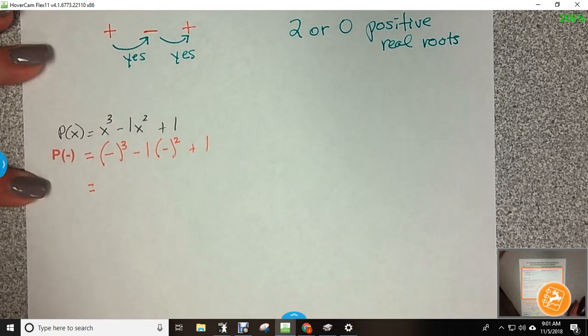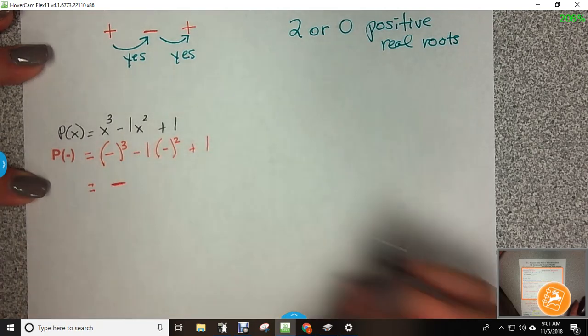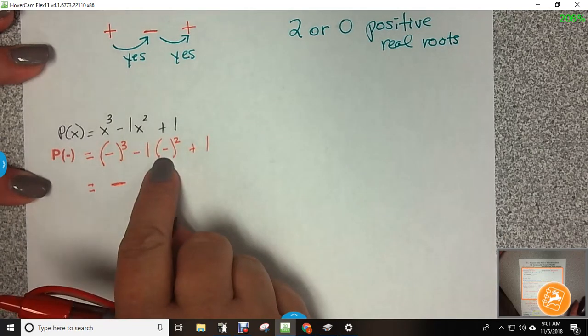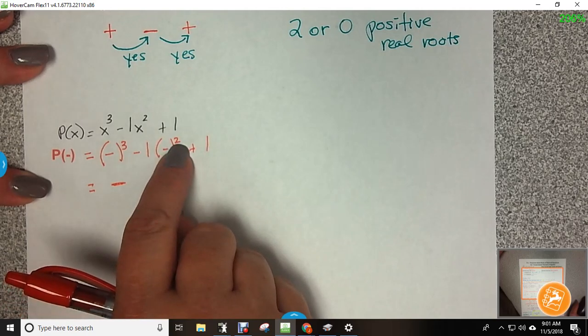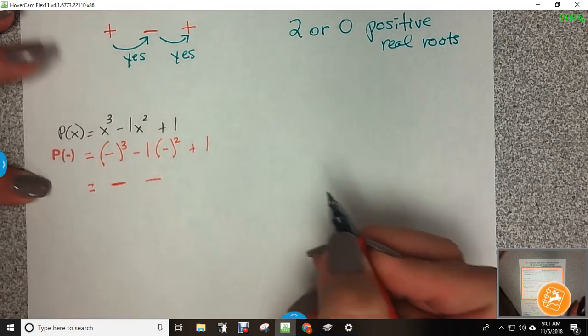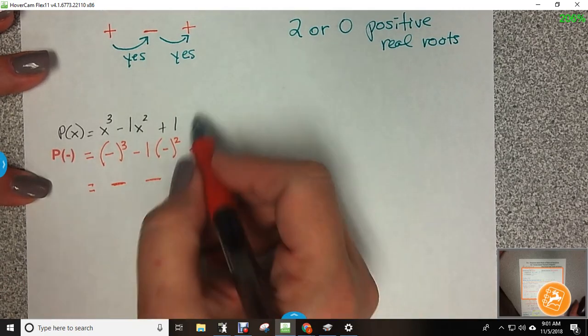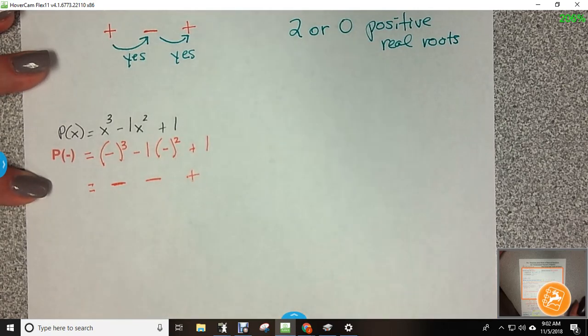Any negative number to the third power gives me another negative number. For this term, take a negative number and square it. You get positive, times a negative 1 is going to make that term negative. And then the last one is a positive 1, so it's just a plus.